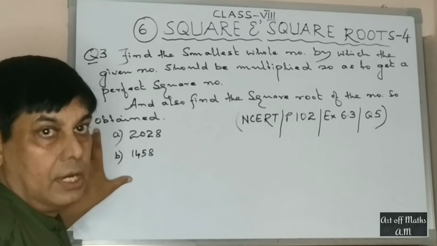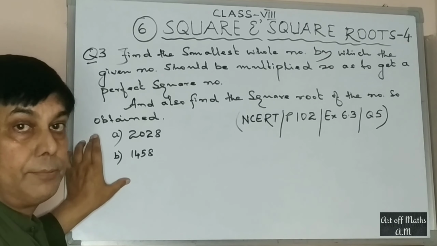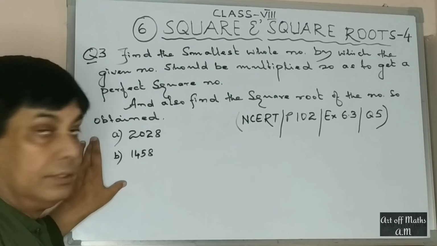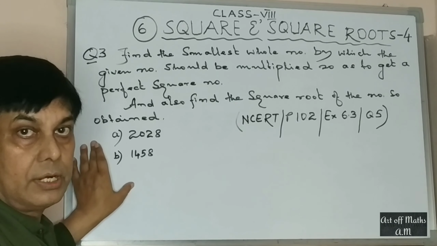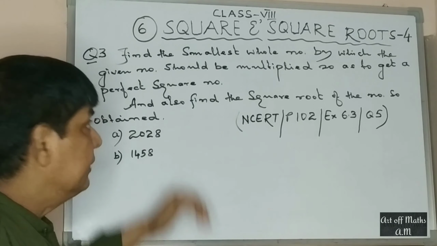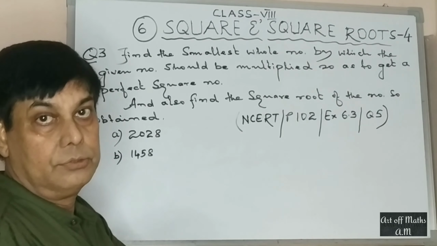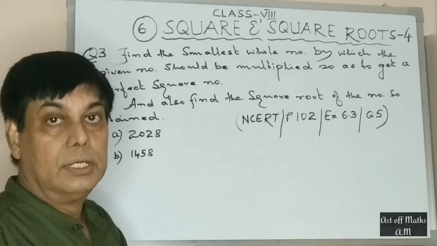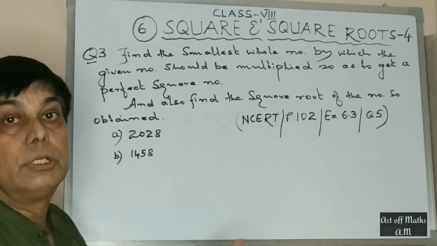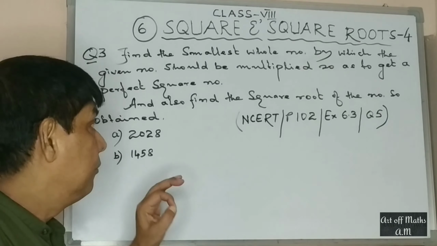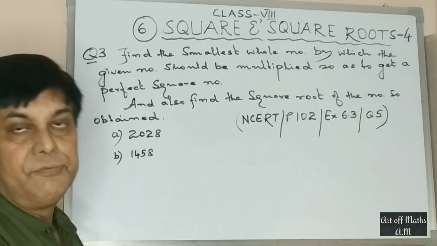These are obviously not perfect square numbers. We have to make these numbers perfect square numbers. In this case we will not follow the previous method, that is the long division method. We will follow the prime factorization method.